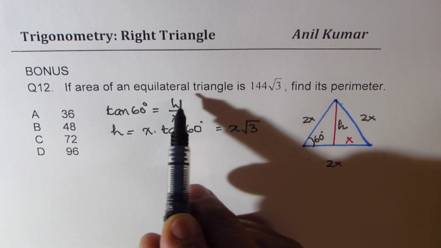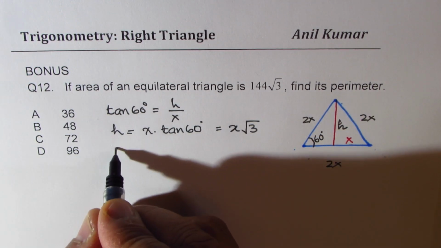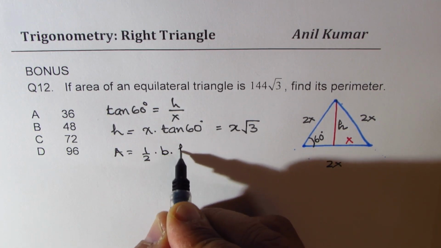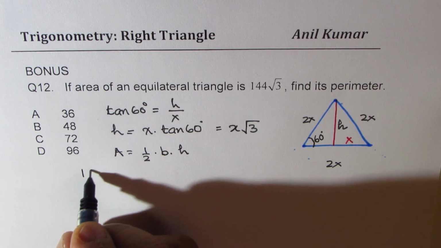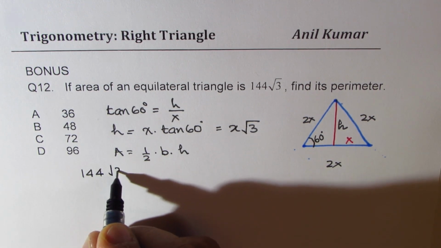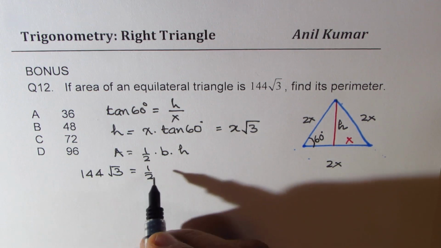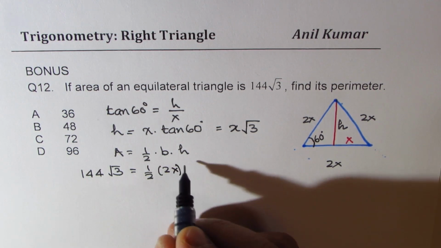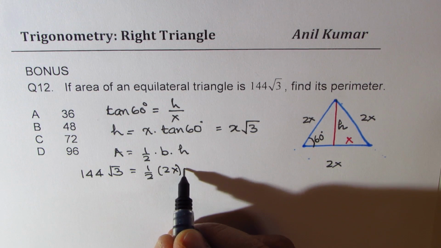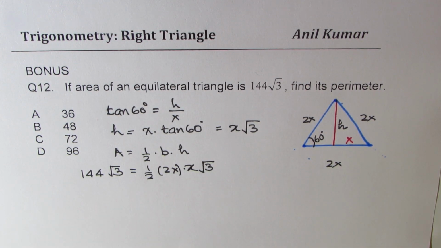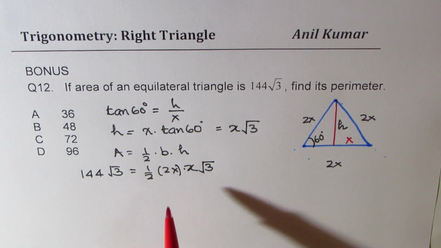Now, the formula is area is half times base times height, and area is 144 square root of 3, which is equal to half. Base is 2x and height is x square root 3. Perfect. So we need to find the perimeter, right?